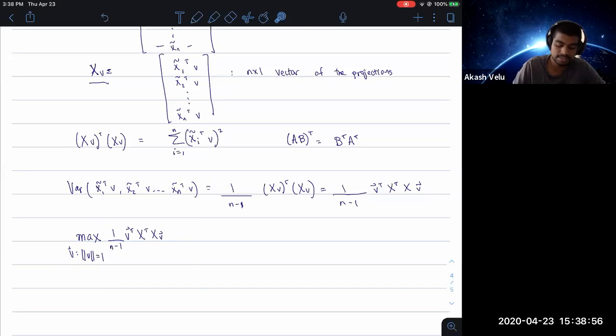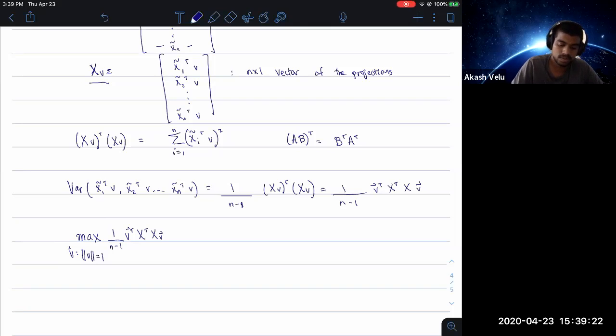What this is saying is that out of all the choices of v such that the norm of v is 1, we want to find the one that maximizes this number, specifically 1 over n minus 1, v transpose x transpose x v. The reason we want to maximize this number is that it is the variance of the projections of the data points along v.